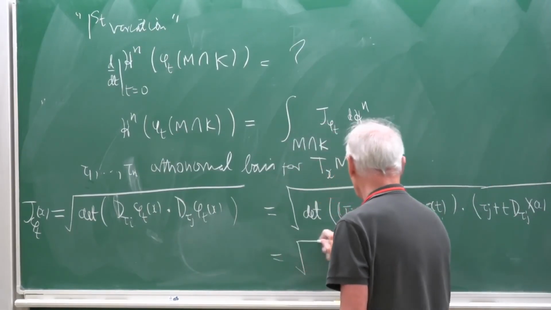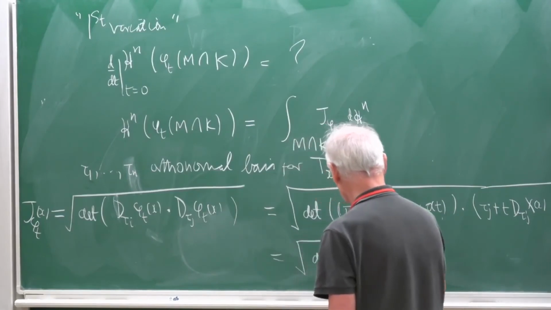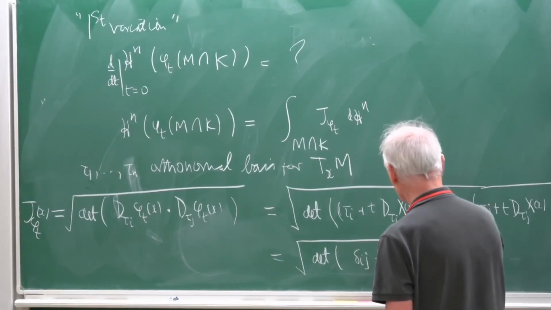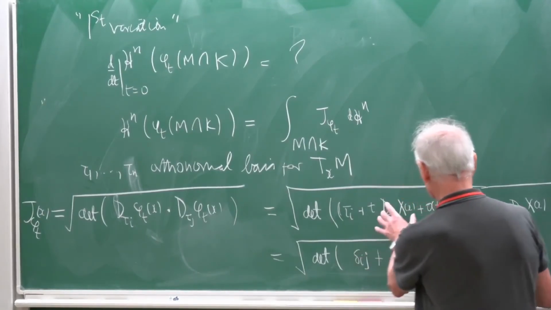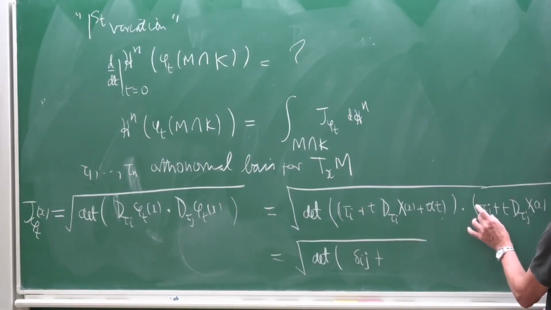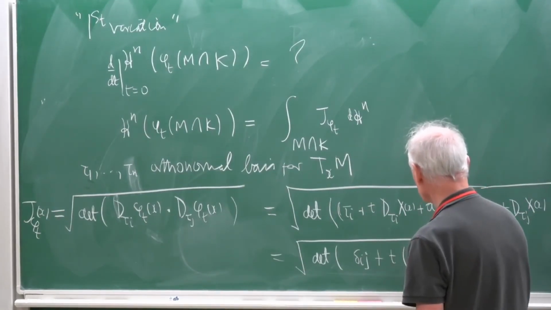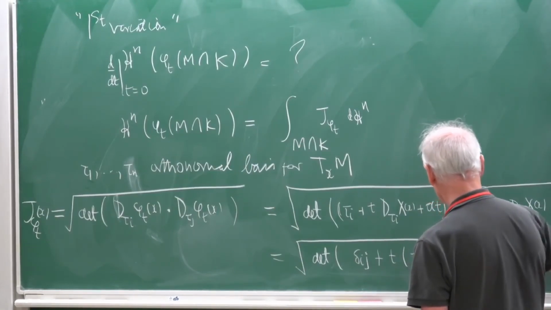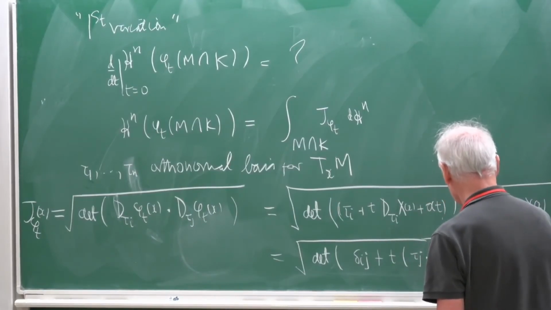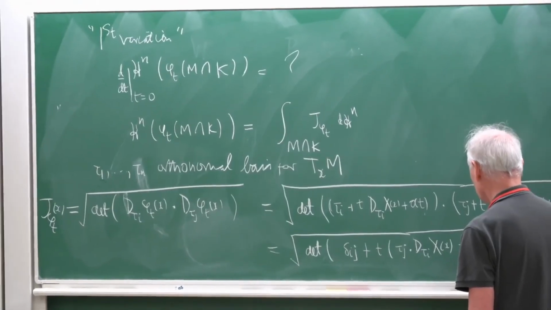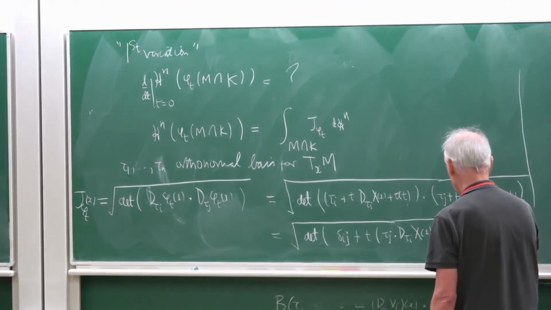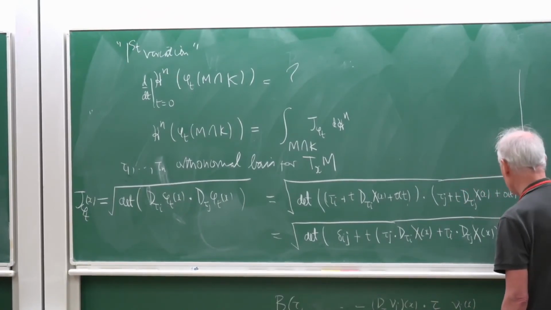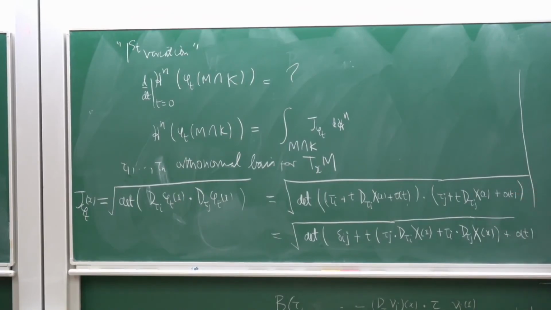So this is the square root of the determinant of Kronecker delta ij, that's the identity matrix, plus t, plus now there's the cross terms, it's t times tau_j dotted with d_tau_i tau of x at x plus tau_i dotted with d_tau_j tau of x at x, and then plus small o of t.